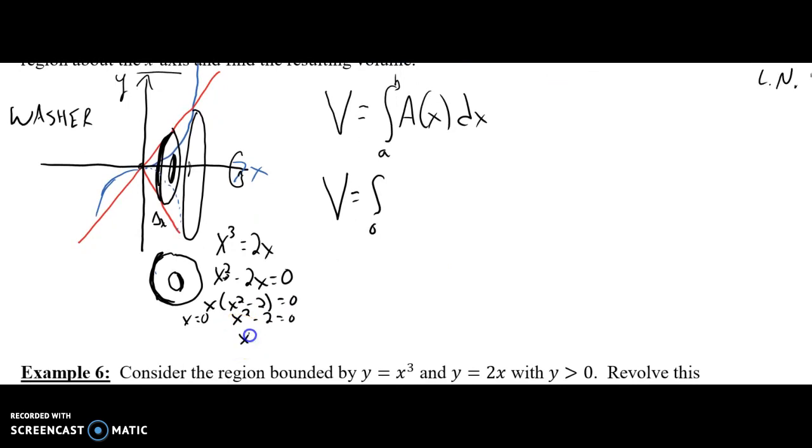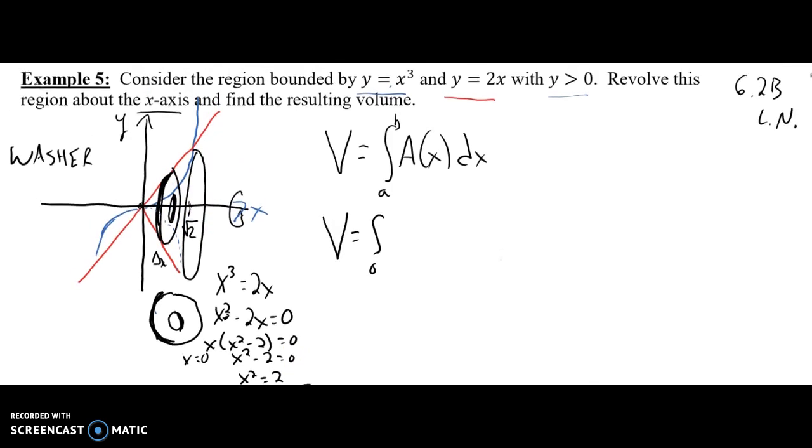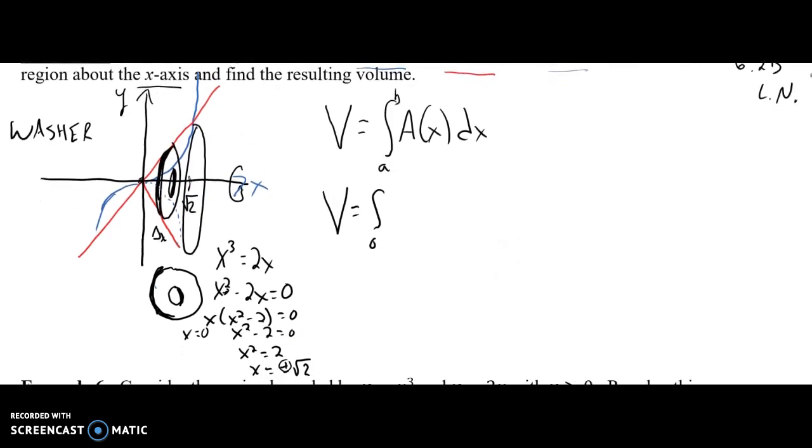Solving this, x squared equals 2, which means x equals plus or minus the square root of 2. But since we're in the first quadrant, we only care about the positive value. So this value here is the square root of 2.